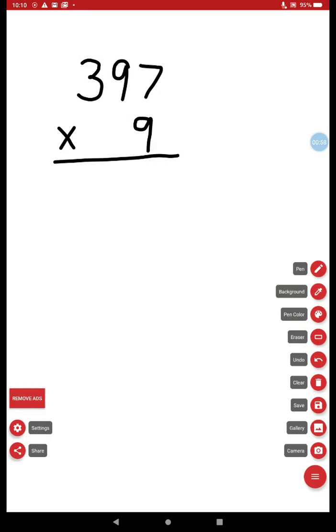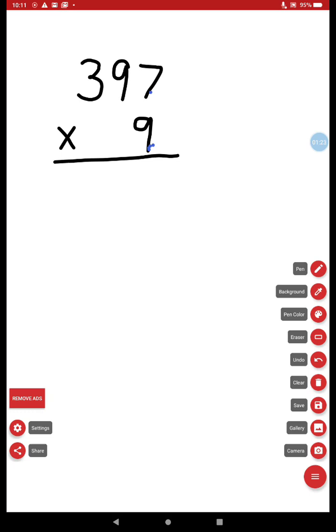When I do the two-step multiplication, 3-digit by 1-digit, I start down here with this 9, and I go 9 times 7. And remember, try not to look at your multiplication chart. If you have to, that's okay, but try to not look at your multiplication chart. 9 times 7, what's that going to get you?